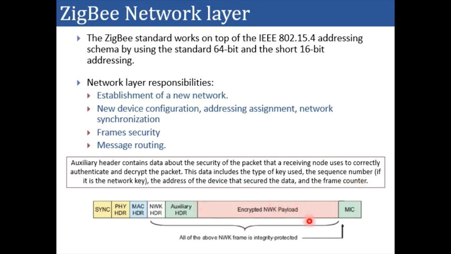So the data payload in the network packet will be encrypted, and the encryption information will be stored in the auxiliary header. MIC is for the data integrity check, to see whether the data is received completely at the receiving end or not.